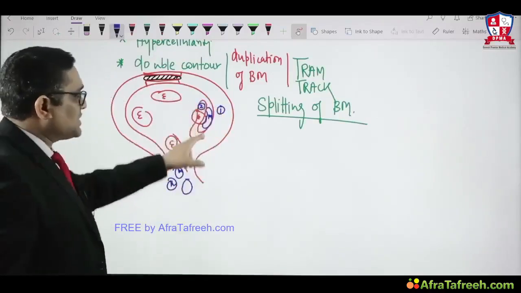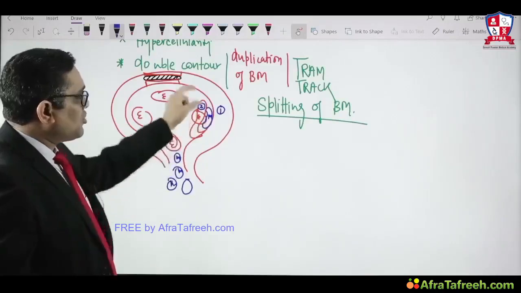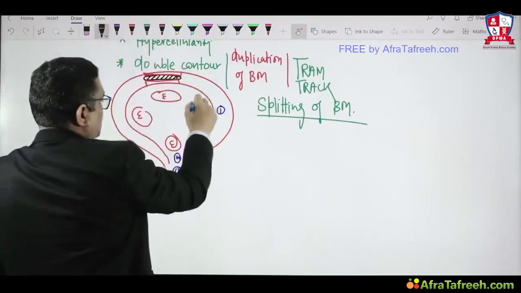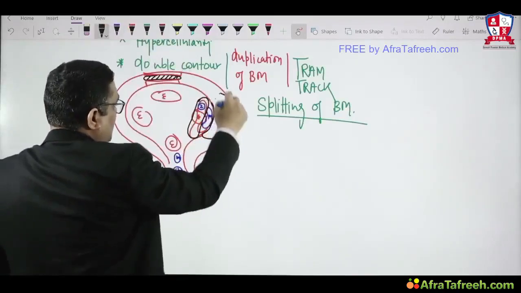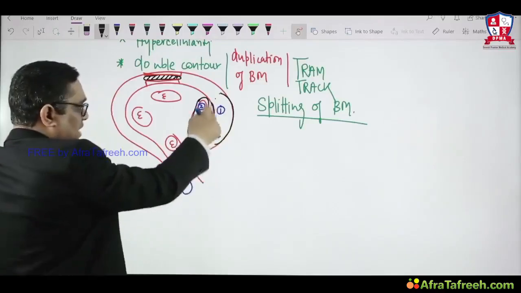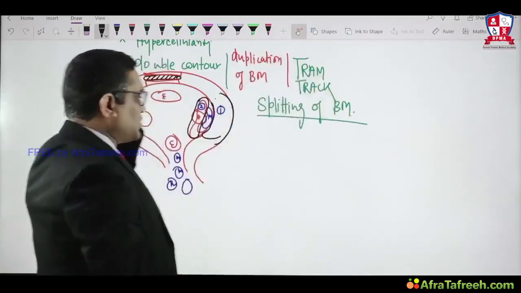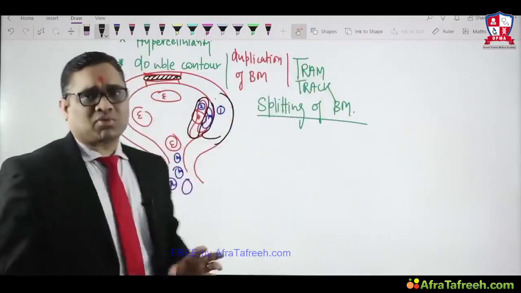So because of the mesangial cell interposition also there is a duplication. You will notice that there are two tracks. This is one track and this is the other track because of the mesangial cell interposition. That is why it is called tram track appearance. So these are the various reasons for all these things. That's the point we have to keep in mind.